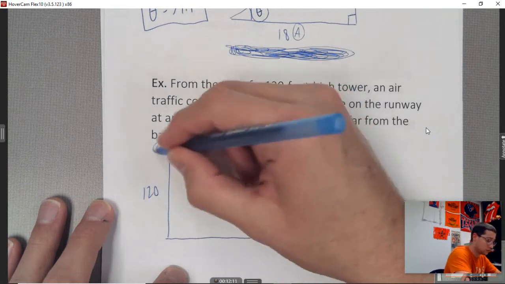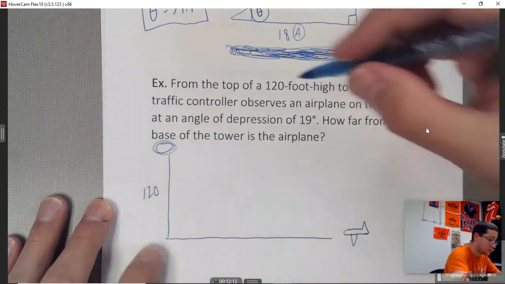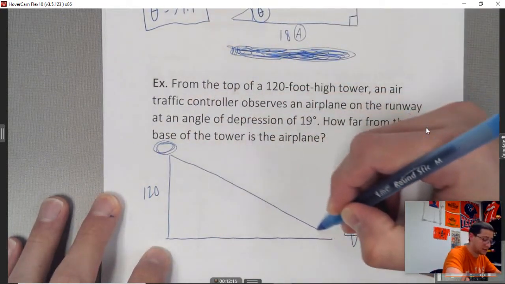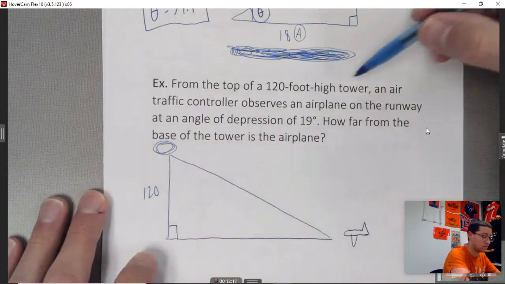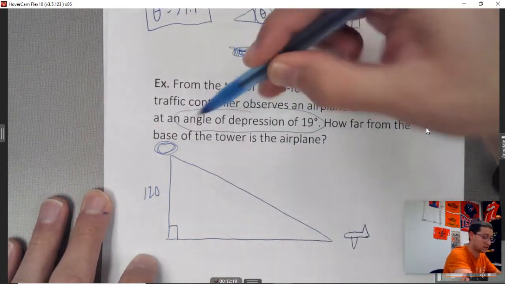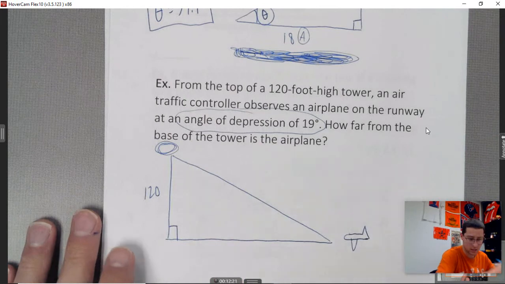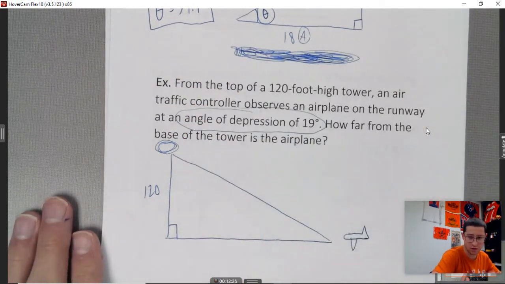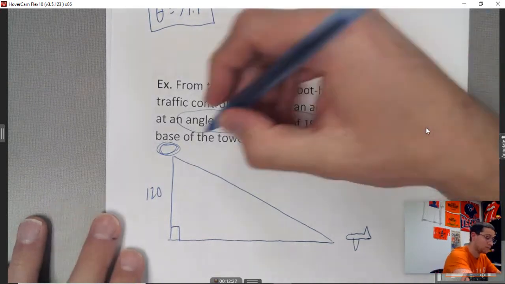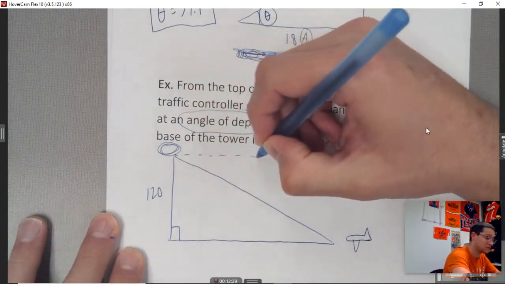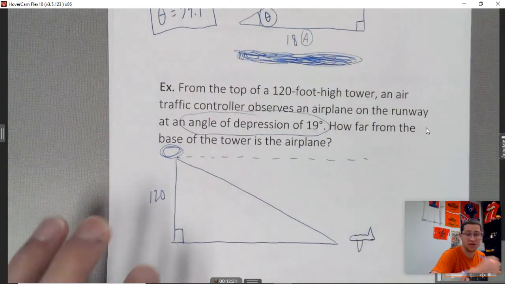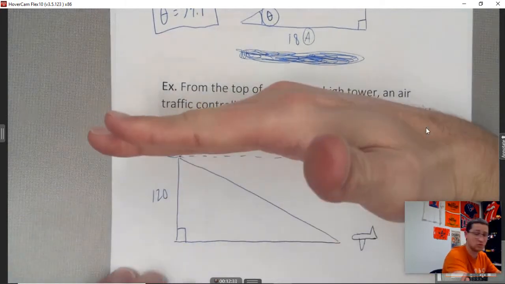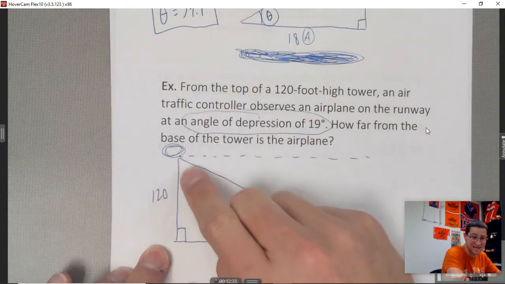Here's the control tower. Okay, and they see it at an angle of depression of 19 degrees. Again, they're at the top of the tower. They see it at an angle of depression of 19 degrees. So, gotta have my horizontal line of sight. Remember, angle of depression, always from the horizontal down. It's not in here.